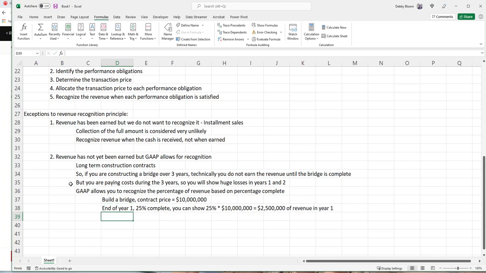And again, technically you haven't earned it yet because the bridge is not complete. You haven't delivered it yet. But to offset all those costs you have under the long-term construction contract, GAAP will allow you to recognize that amount of revenue in year 1 to offset the costs. Now, year 2 gets a little bit more complicated because you have to look at the difference in the revenue.